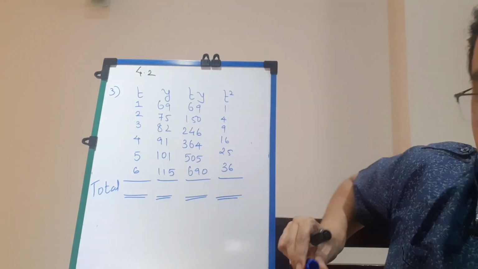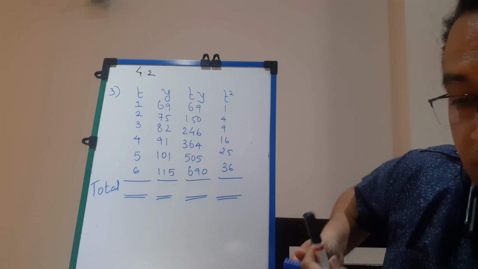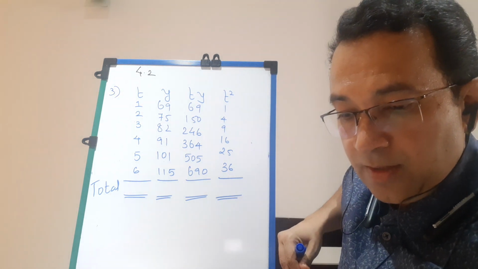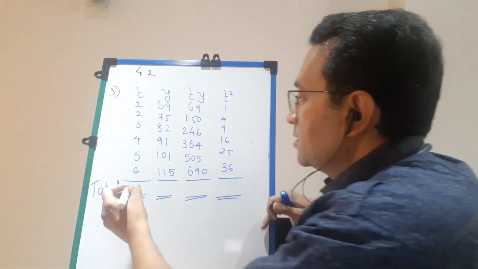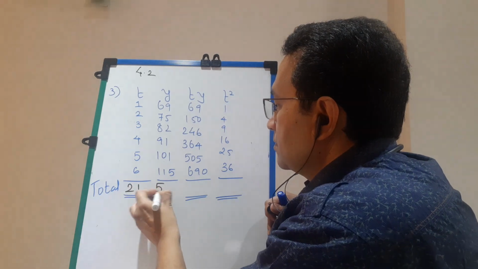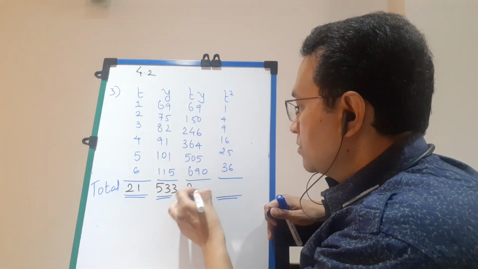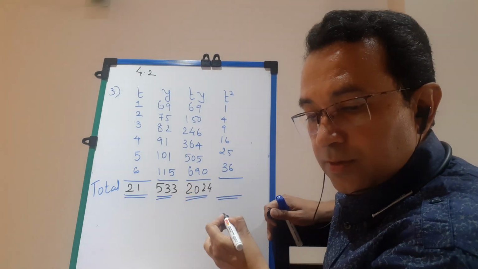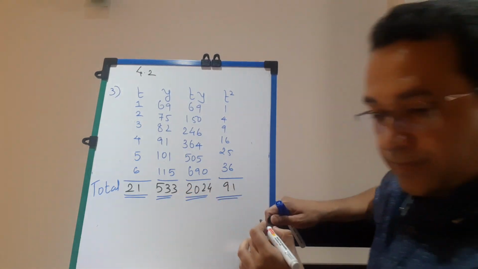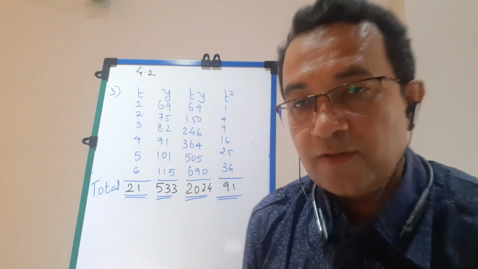Students, I have totaled all the columns. The columns have totals as 21, 533, then 2024, then 91. So these are the totals of the columns.